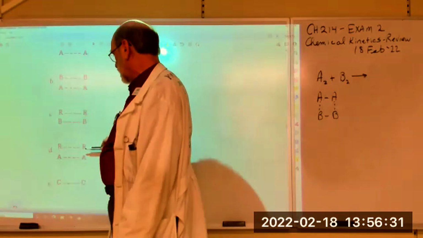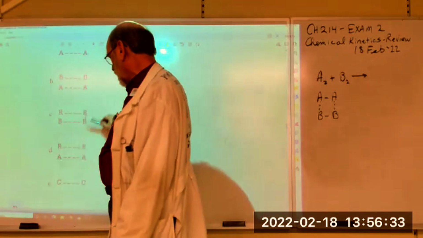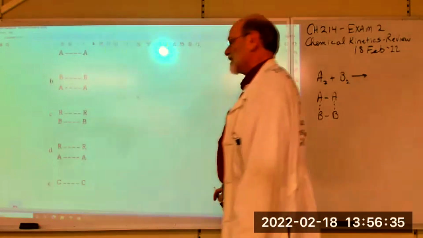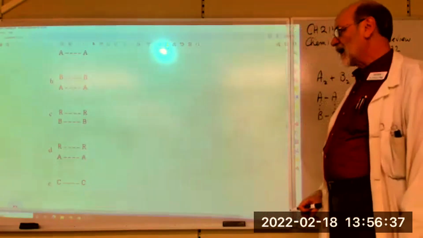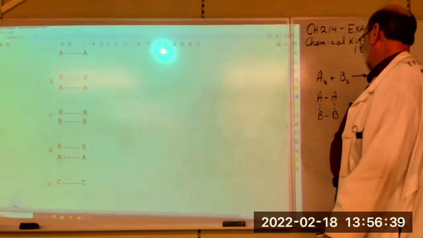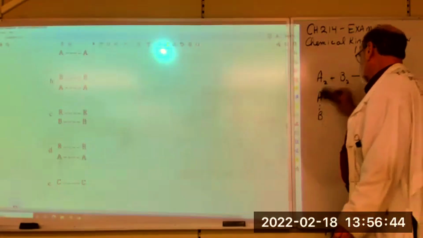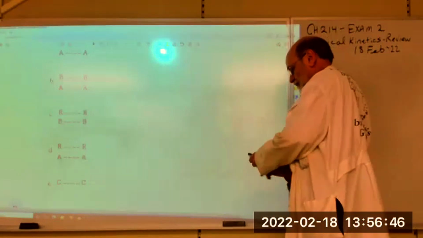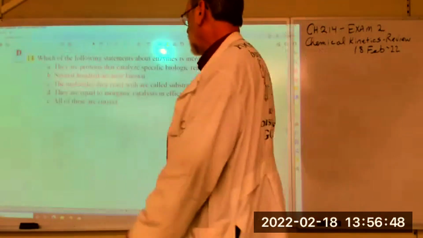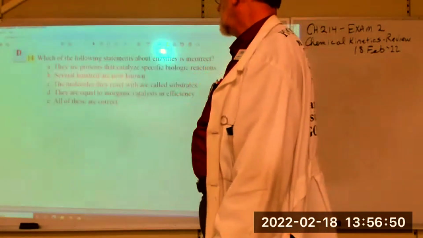C still has R in it, and D has R in it, and A has C in it, which is a product. So it can't be any of those. It has to be this one. That's the only possibility. D, 14, excuse me.